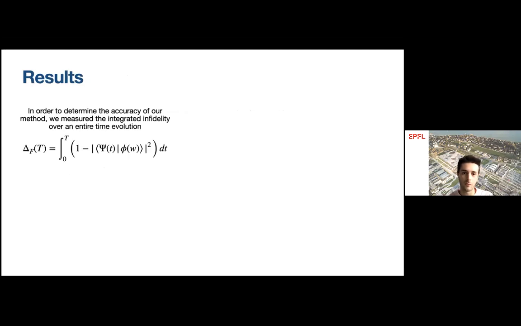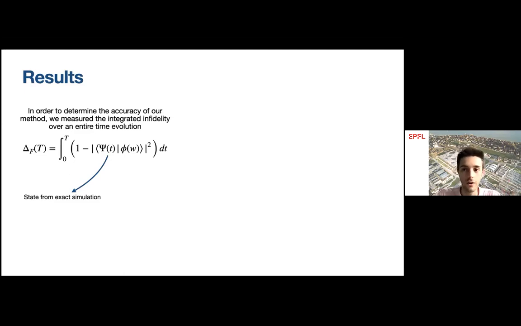The first thing we measured is how much error our time evolution accumulates. So basically, we measure the integrated infidelity, which is more practically how much error we are accumulating.